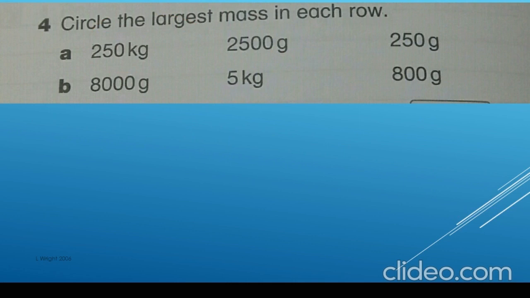Now, B. Solve with me. Now, let's see. 8,000 gram, 5 kilogram and 800 gram.